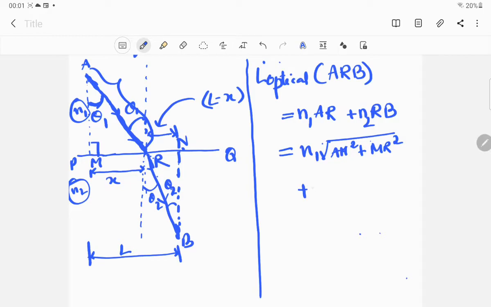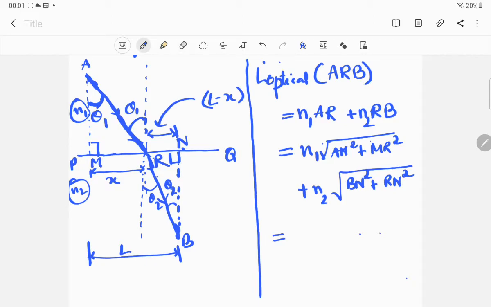Similarly, N2 into RB. Now look at RB. RB is the hypotenuse of the right angle triangle RNB. So according to Pythagoras theorem, again it will be equal to the square root of BN square plus RN square. Okay, we know about that. Now let me remove those curly brackets again. These are not at all necessary now.